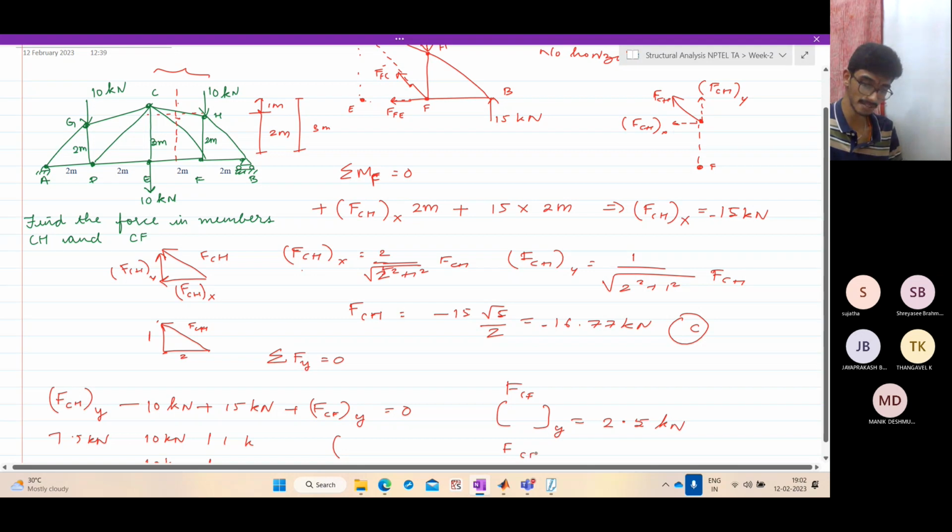Which means FCF is 2.5 into what is the triangle for CF. So CF acts like this. This is 3, this is 2, this is FCF.